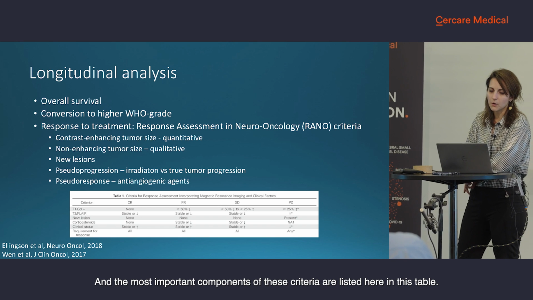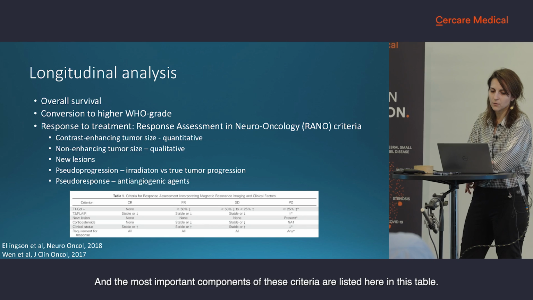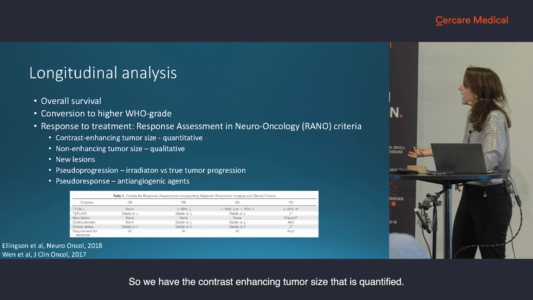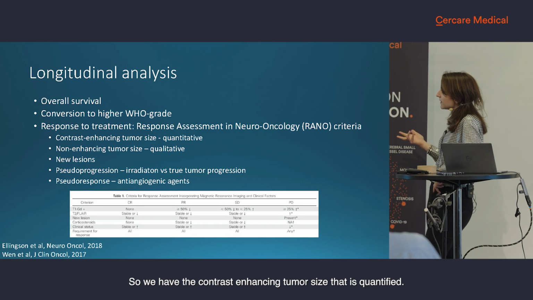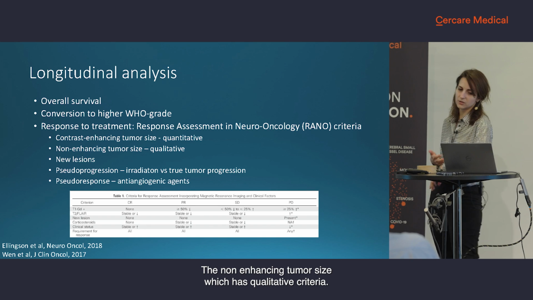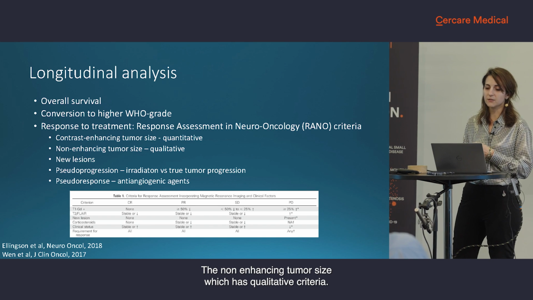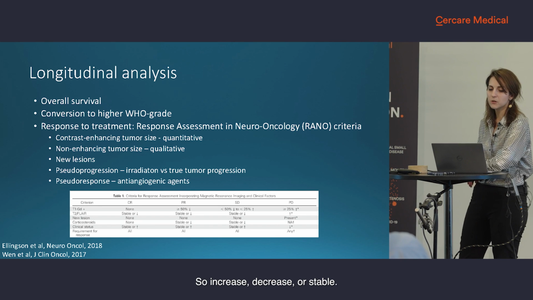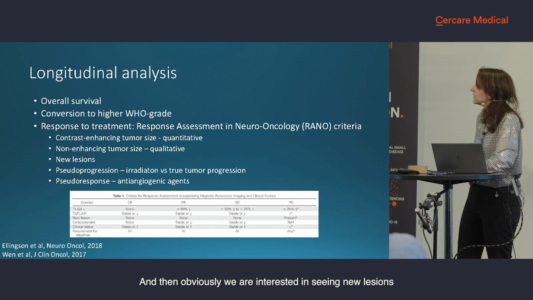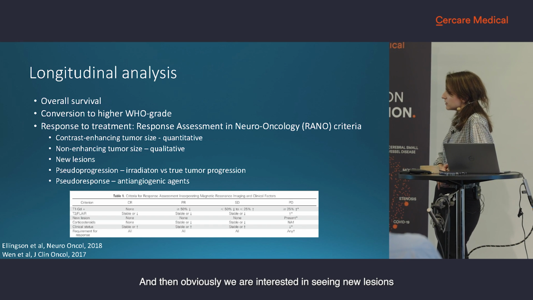The most important components are listed here in this table. We have the contrast-enhancing tumor size that is quantified, the non-enhancing tumor size, which has qualitative criteria, so increase, decrease, or stable. And then obviously we are interested in seeing new lesions.